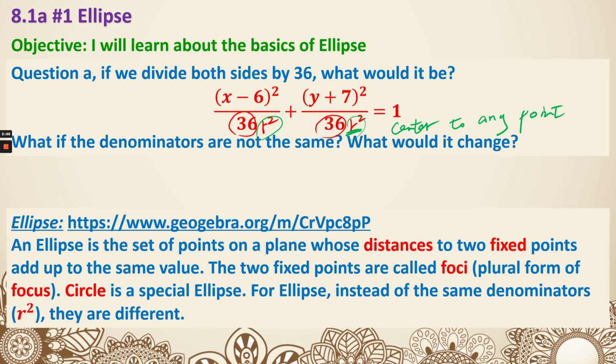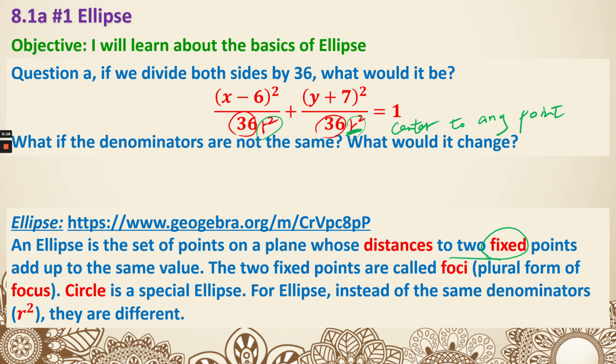An ellipse is the set of points on a plane whose distance to 2 fixed points add up to the same value. I gave you a link to a program that you can check that actually gives you a rough look of how it changes from a circle to an ellipse, how they're related. So again, the definition is the distance to 2 fixed points add up to the same value.